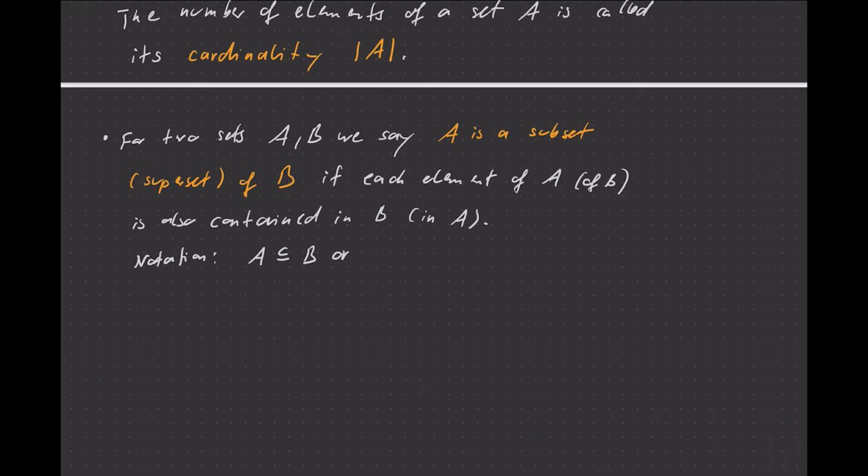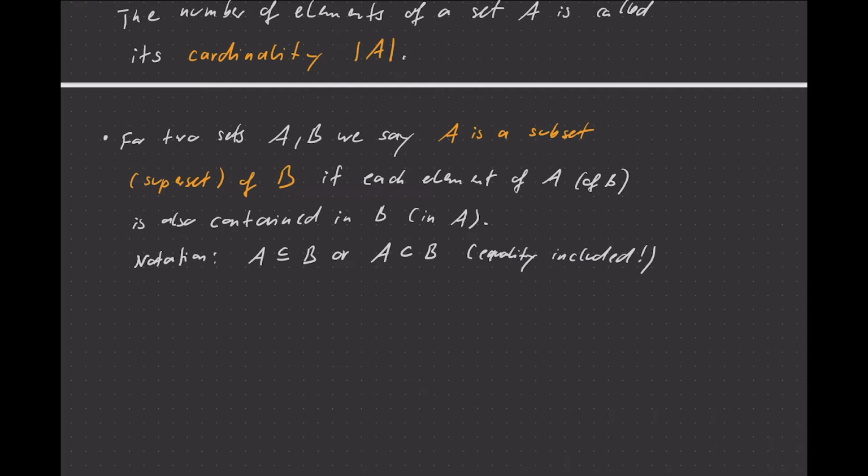Or you can also use a notation A subset of B without that equality sign. In this course, those two notations will mean exactly the same thing. So equality is included in both cases.